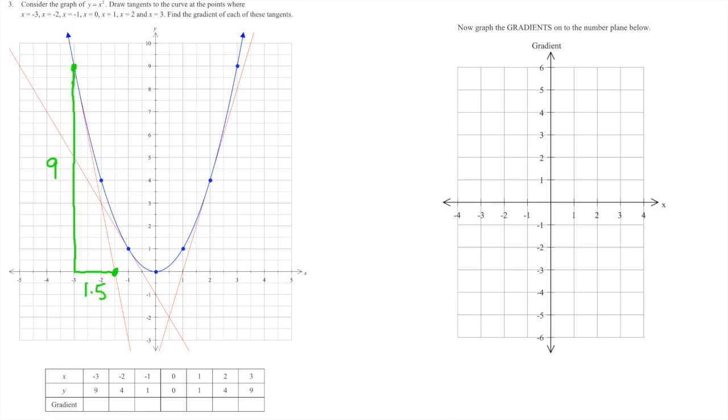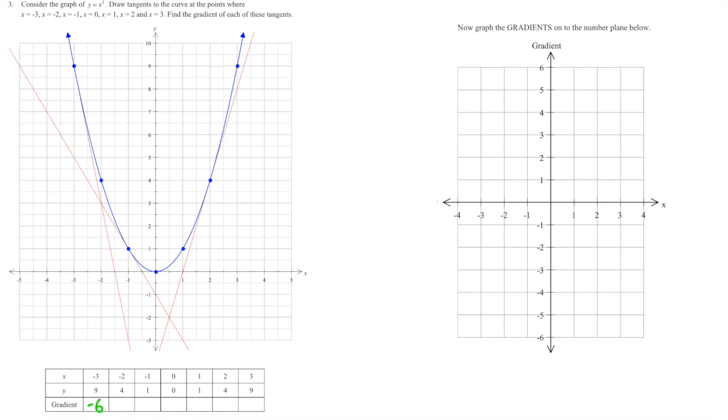So the rise over the run is 9 over 1.5. Now if you do 9 divided by 1.5 on a calculator, it will give you 6. But remember, it's going down the page from left to right, so -6 is the gradient when you're going to the point where x equals -3.